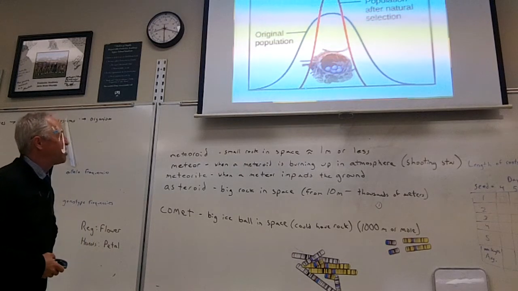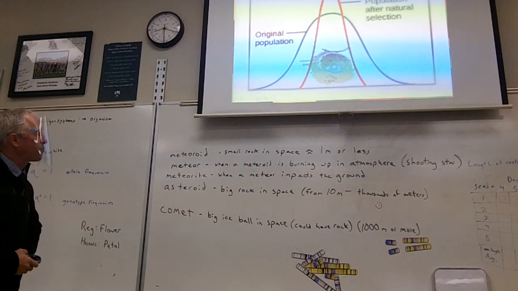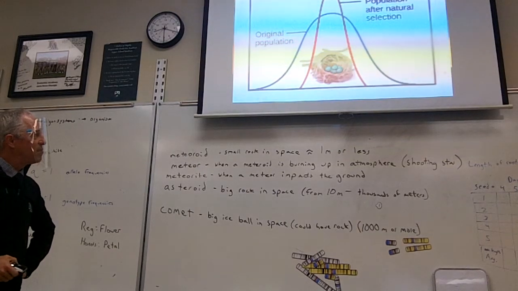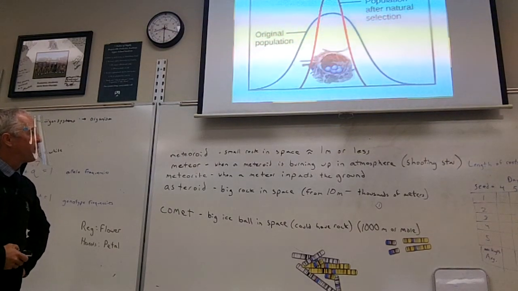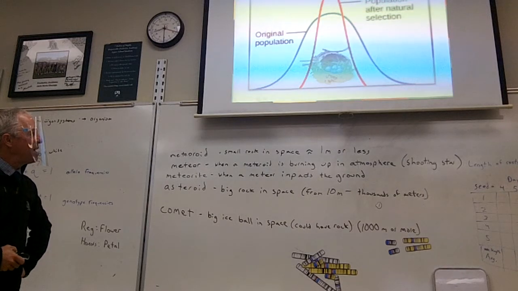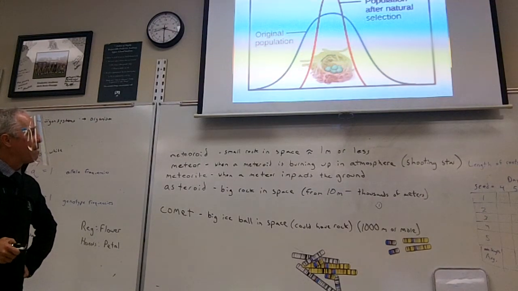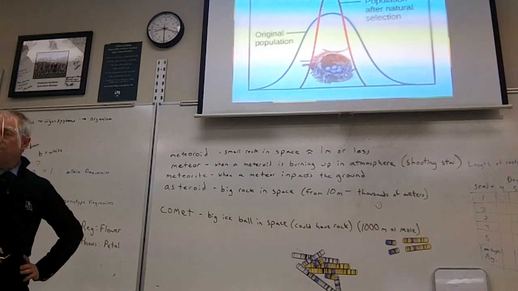Now, this type of selection is called stabilizing. Here's the original population. It's a nice bell curve distribution. And what we see here is over time, the distribution becomes more average.